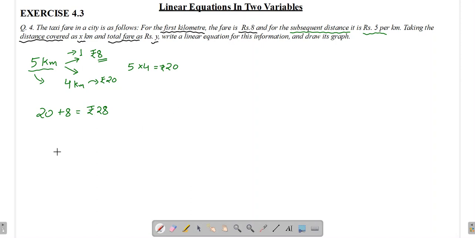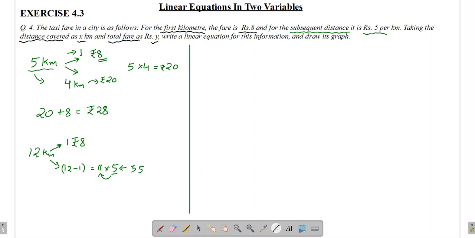Same way, suppose the distance is 12 kilometers. For 1 kilometer we have to pay rupees 8, and for the remaining distance, that is 12 minus 1, which is 11 kilometers, we have to pay at the rate of rupees 5 per kilometer. That means 5 into 11, that is rupees 55. I hope this is clear to you all.